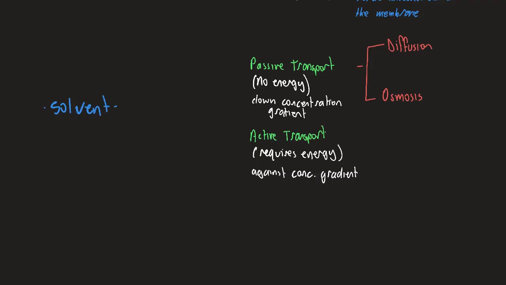The solvent is the liquid in which the solute is dissolved. The solute could be a solid, like salt or glucose, or a gas like oxygen. The solute is the molecule that is dissolved in the solvent.